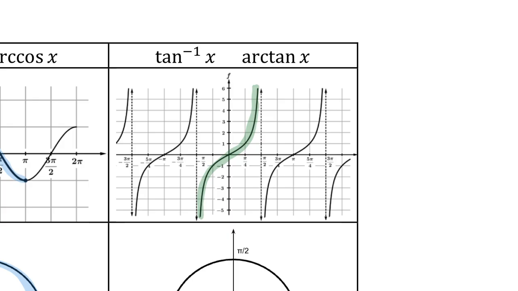So just that one little section bounded between negative pi over 2 and pi over 2, exclusive, not including those because those are vertical asymptotes, we can find arc tangent. We can find inverse tangent. Now that again is between negative pi over 2 and pi over 2.